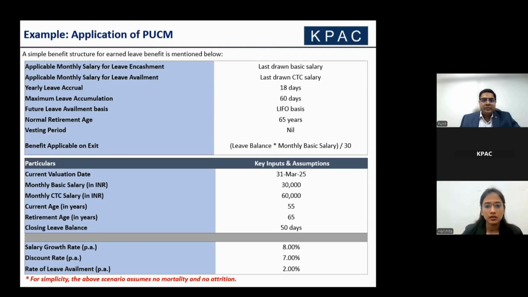With respect to assumptions, we are assuming a salary growth rate of 8% per annum, discount rate of 7% per annum, and a leave availment rate of 2% per annum. Lastly, for simplicity, this scenario assumes no mortality and no attrition, focusing solely on the leave projection.